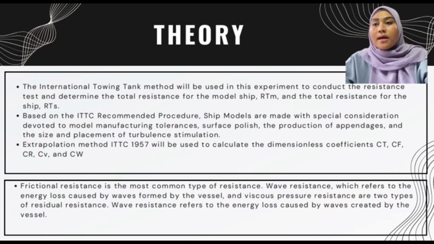The net force that opposes the motion of the ship is known as frictional resistance, which is caused by the friction of the water operating over the entire wetted surface of the hull. The wetted surface area of the hull, surface roughness, and water viscosity all influence the frictional resistance. The ITTC 1957 equations for determining RTM and RTS are as follows on the slide.